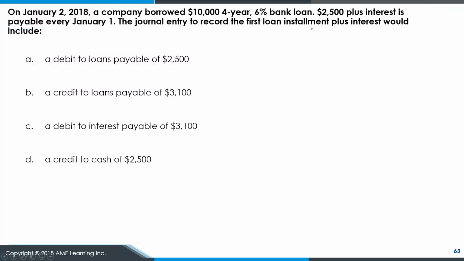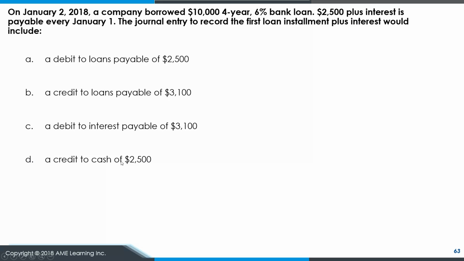Now the journal entry to record this loan payment on January 1st. Let's see, what are we going to do? We're going to debit loans payable of $2,500. That will be part of the journal entry. Crediting loans payable would be an increase. A debit to interest payable of $3,100 would be too much.